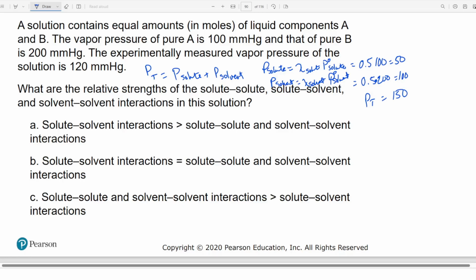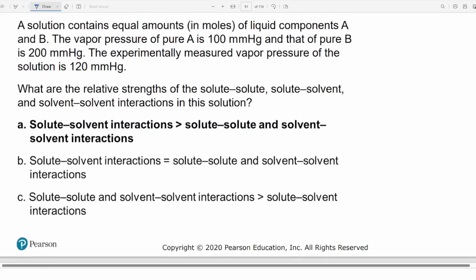And remember, everything equals 1, and we have half of one in the other, so the mole fraction is 0.5 times the vapor pressure, which is 200, so the vapor pressure due to the solvent is 100. So if we add those together, we would expect a vapor pressure of 150, but this is lower. So that means that we have stronger interactions between these two components.